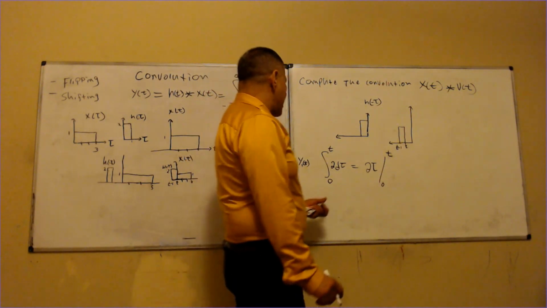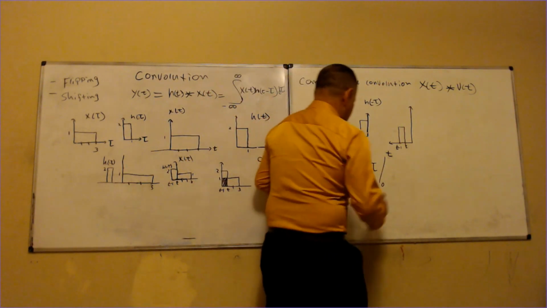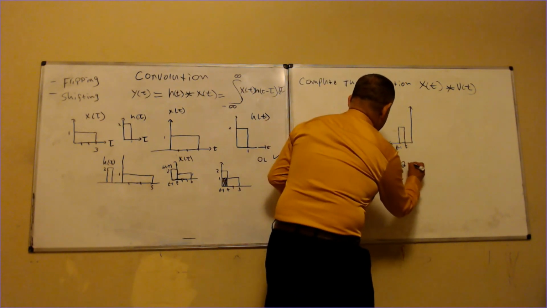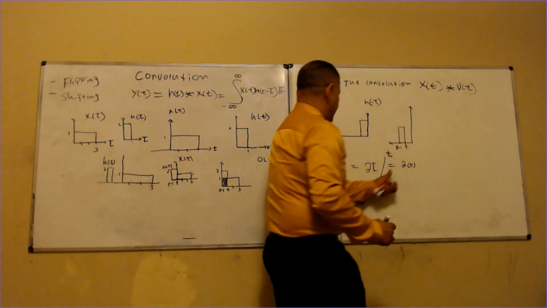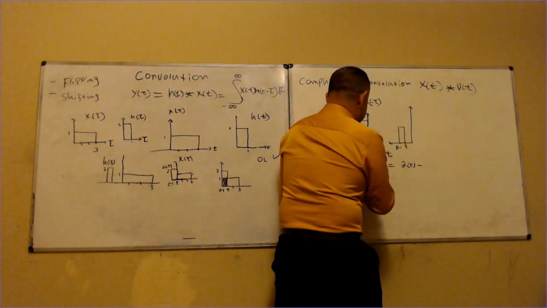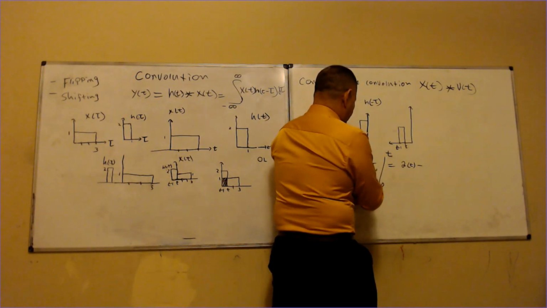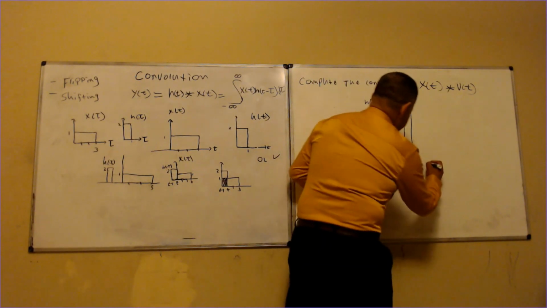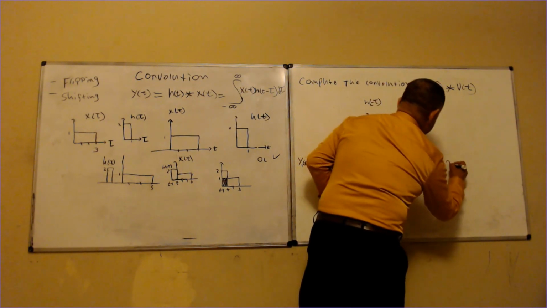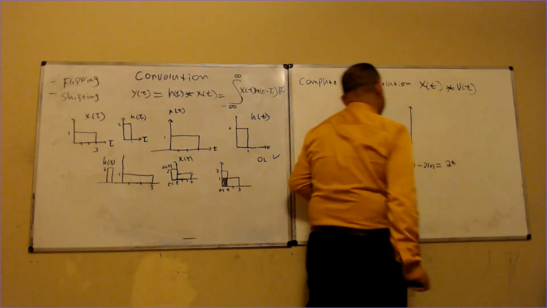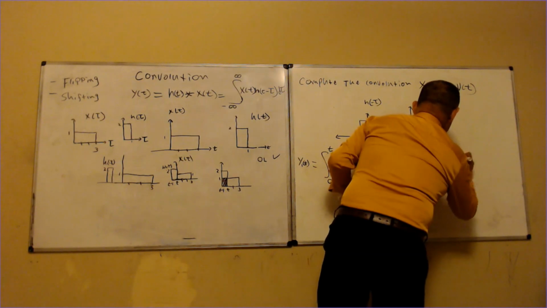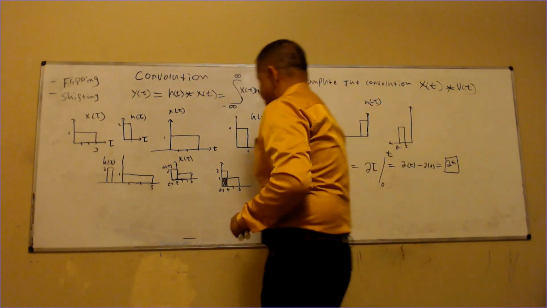So y of t1 is going to be equal to, evaluating that, I place t, and after I replace tau by 0, that is going to be 2 times 0, which is just 2t. The first one. Okay, so that's the first one.